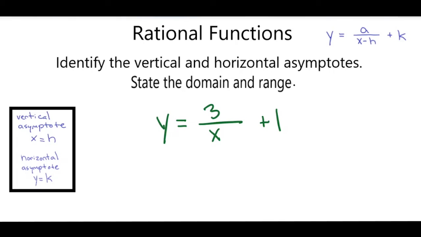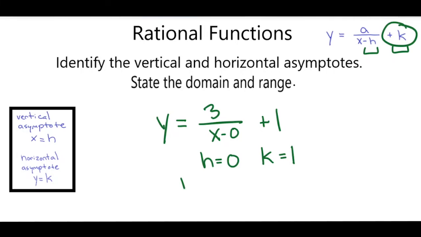So I need to find my h and my k. Well, there's nothing on the bottom of the fraction being added or subtracted to that x. So I can say that it's minus 0. Well, that means that my h is 0, and my k, since it's plus k right here, that means that my k is 1.